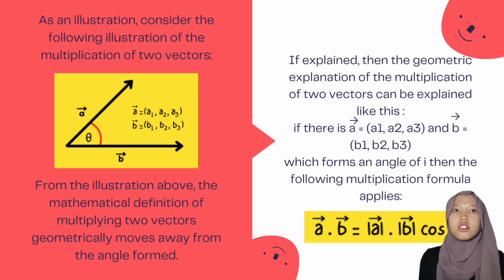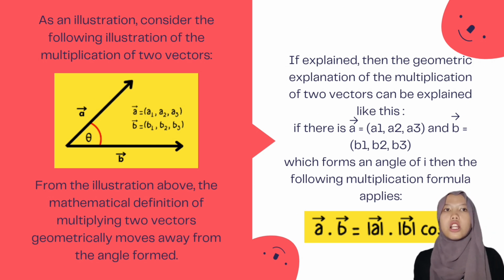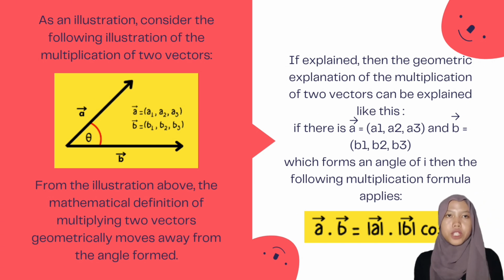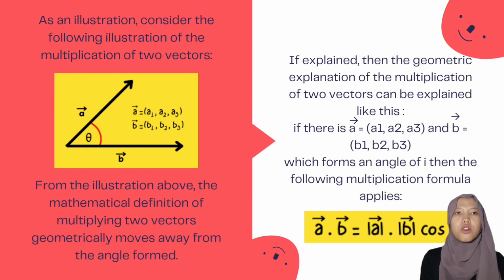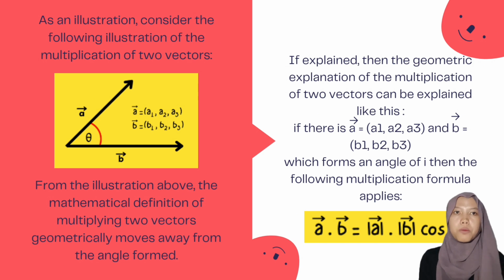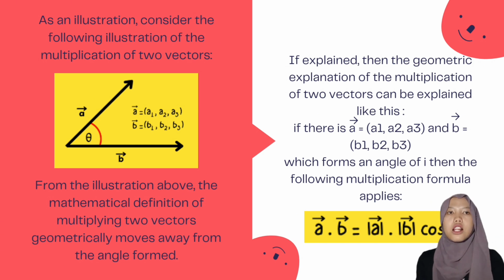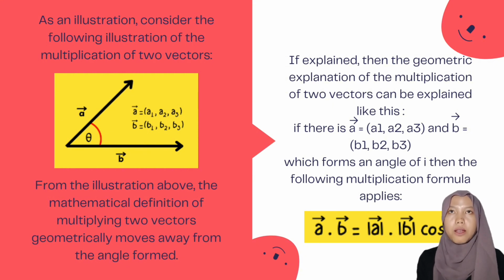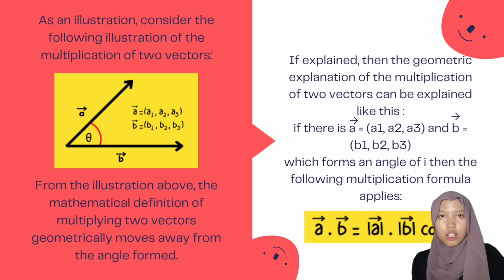If there is a equals a1, a2, and a3, and b equals b1, b2, and b3, which forms an angle of theta, then the following multiplication formula applies: a multiplied by b equals the magnitude of a multiplied by the magnitude of b multiplied by cos theta.